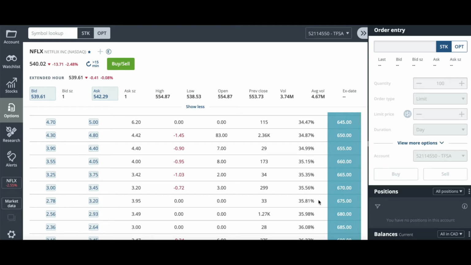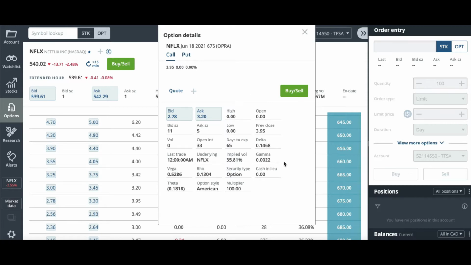So if we open this option contract, I'm using Questrade to trade options. I think, in my opinion, it has the best user interface, at least amongst the Canadian brokers, for option trading. So don't be intimidated by all the information that's here. We'll break it down for you and make it very simple. As with any other option contract, there's always a 100 multiplier.